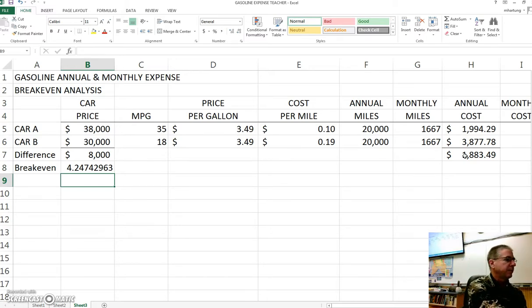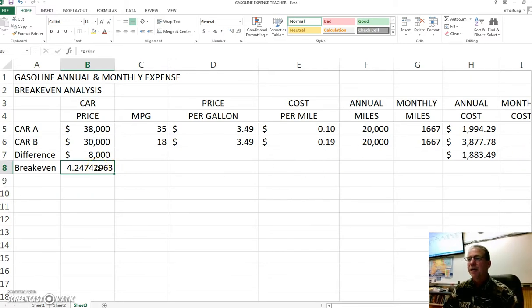And what does that number mean? That is the number of years. That's the number of years it will take before you actually start saving money, because you had to pay more for the car that gets better mileage.